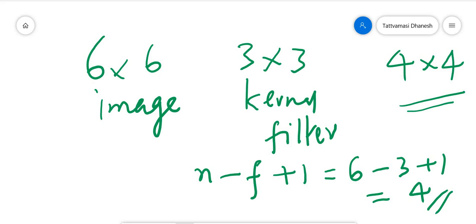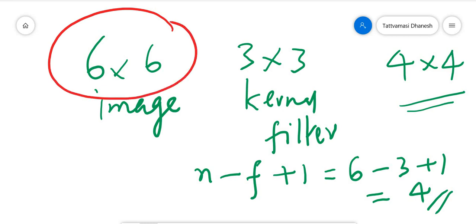When you analyze here, the image size is 6 by 6, but the output we are getting is 4 by 4. There are mainly two disadvantages in this process. The first disadvantage is that we are losing data because of the shrinking.